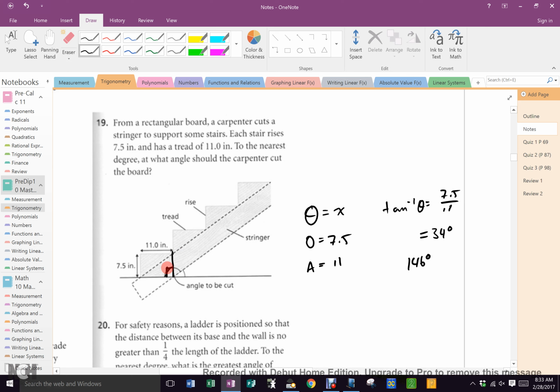So you knew that was 90. And you knew this was 7.5, and this was 11. So that was 56. You did shift tan with that. Of course, because you did the exact same thing.